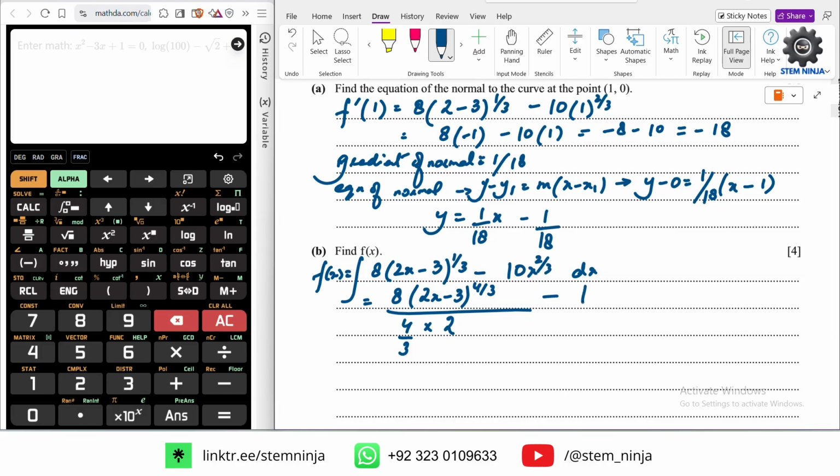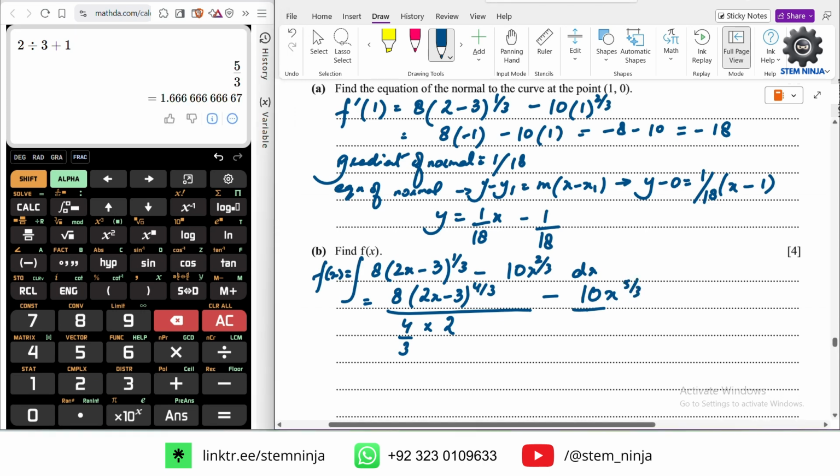Then we do the same thing with this. So a 10x^(2/3): 2/3 plus 1 is 5/3, divide by 5/3, and that's it, plus c.